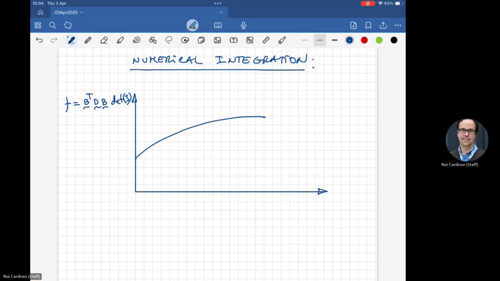So let's consider only one direction. So let's say, for example, this is my C direction. So this point here is going to be -1, and this one plus 1.0, okay? So this is 0.